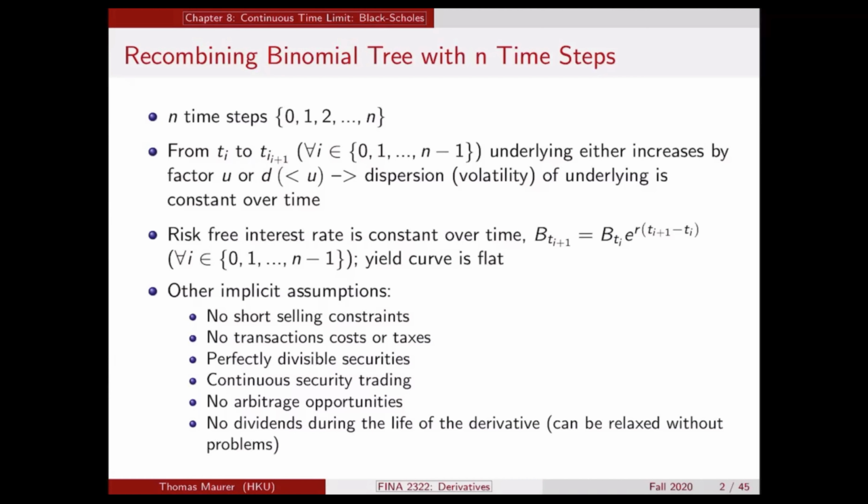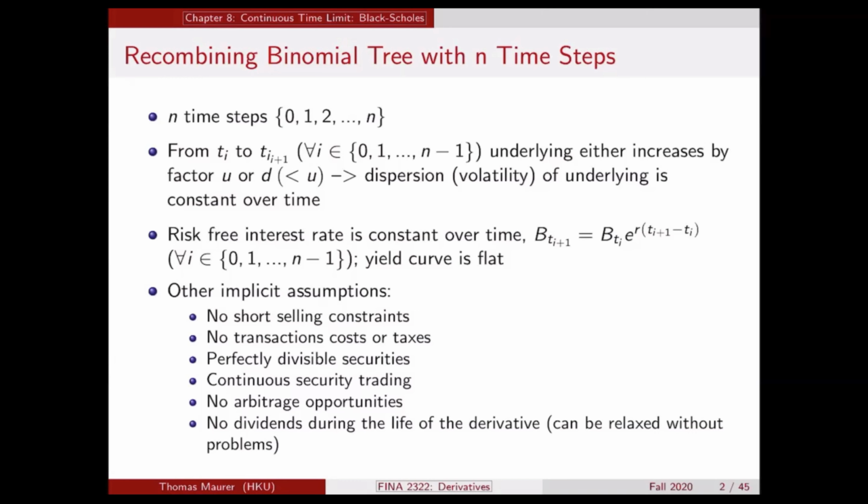becomes very tiny. Now, for each time step, we're going to have either an increase in the underlying asset by a factor of u, so that's the gross return if we move up in the tree, or we have another gross return d, which is smaller than the gross return u, if you move down in the tree. The difference between u and d, as we're going to see later, captures how dispersed prices of that underlying asset are going to be in the future.